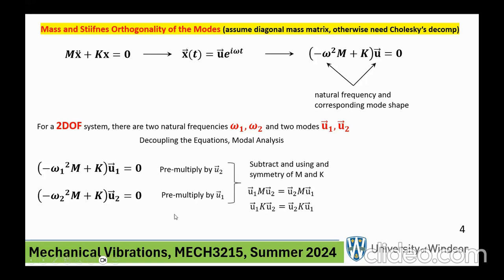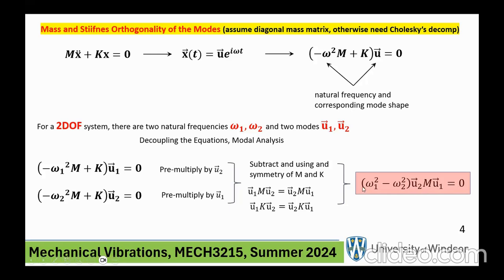So if you do this and you subtract them, because u1 M u2 is the same as u2 M u1, and the same thing with u1 K u2 and u2 K u1, because these two are the same, what you get if you subtract is omega 1 squared minus omega 2 squared, times u2 M u1, equal to 0.